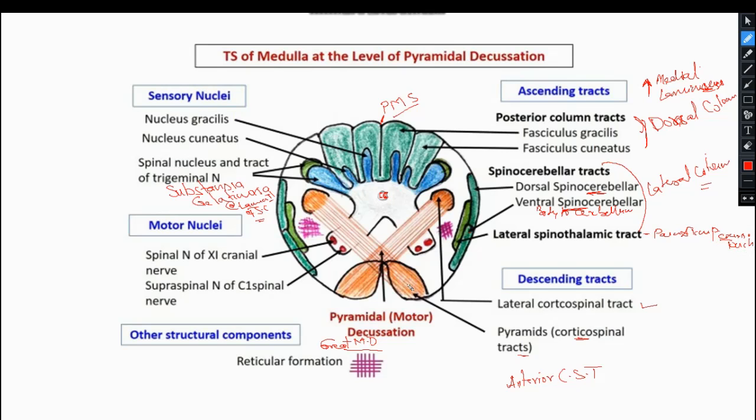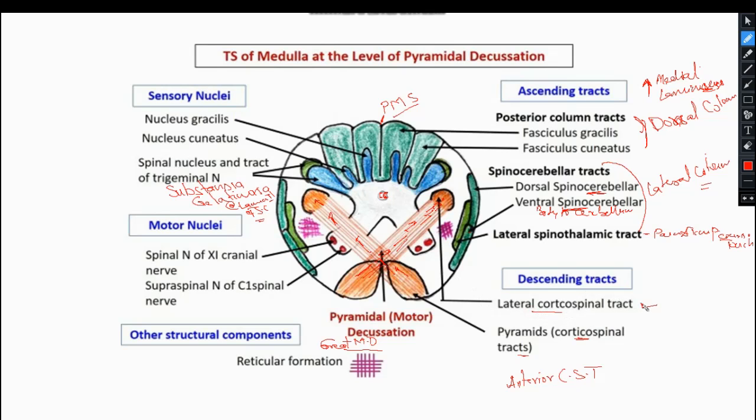Now we can see here the pyramid. The fibers from the contralateral side run backward and laterally, so they form this lateral corticospinal tract. Similarly on this side also, the fibers from the contralateral side run this way and form the lateral corticospinal tract.